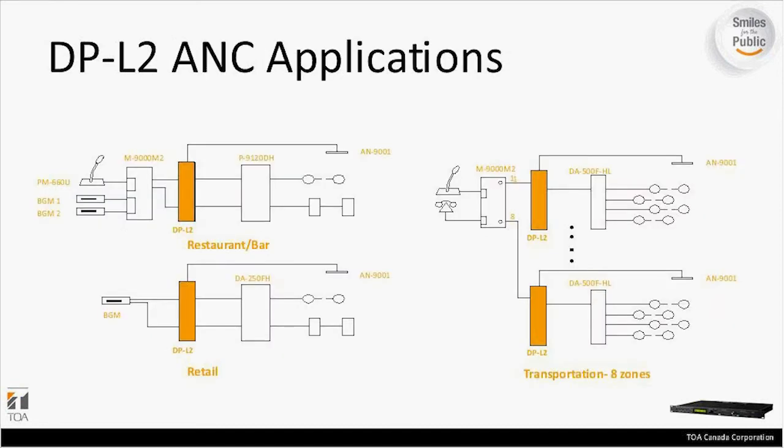So let's look at some applications for the DPL2. If we look at the top left, then we see that we have a microphone and we have two background music sources. So the first step that we do, we input these into a mixer, because the input of the DPL2 is line level only, except for the sensing microphone, which is microphone level.